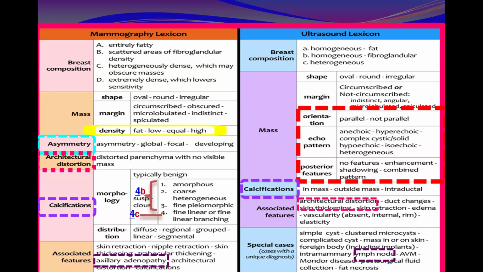And axillary adenopathy. In the mammographic lexicon, axillary adenopathy is considered an associated feature, while in the ultrasound lexicon, intramammary lymph nodes as well as axillary lymph nodes are considered special cases.